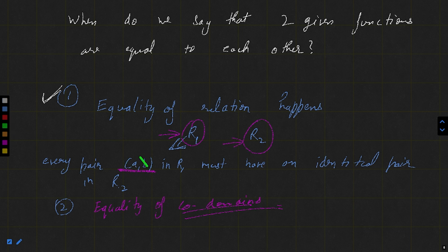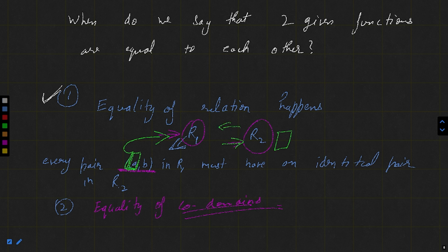And we know what we mean by domain in a relation. The domain is the set of all first elements in the pairs. So this means if every pair has an identical pair in the other relation, the domain for this set is also going to be the same as for this set.